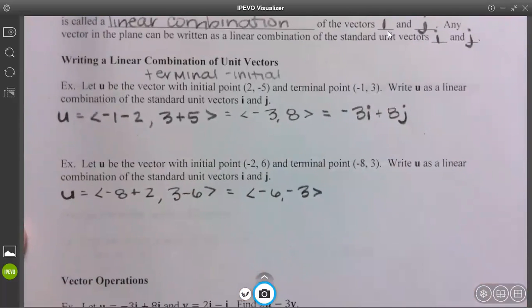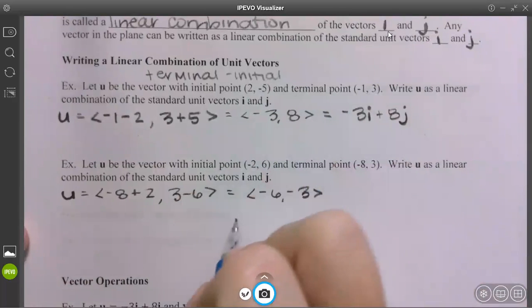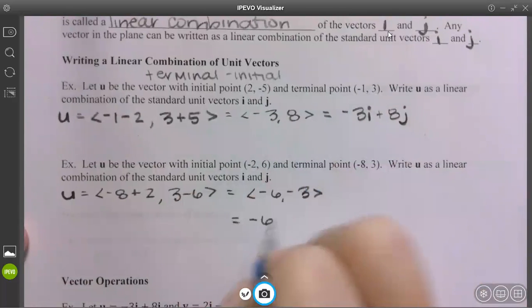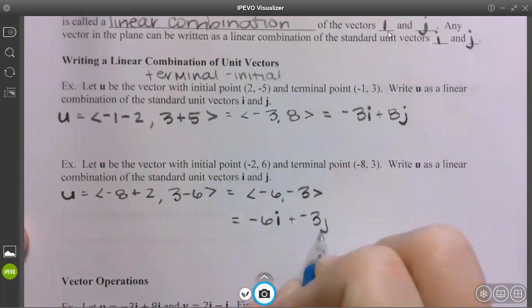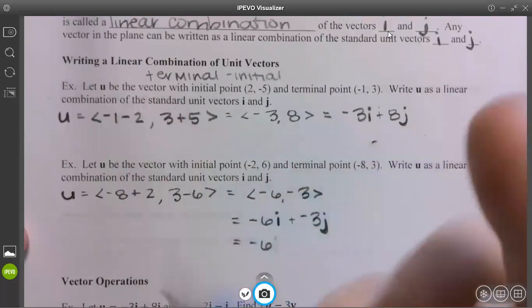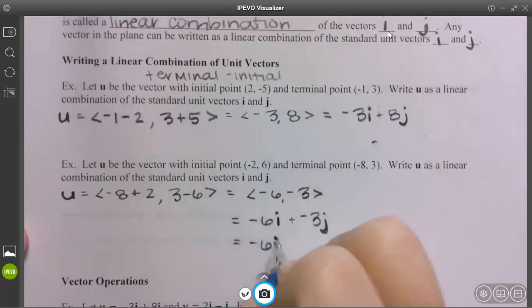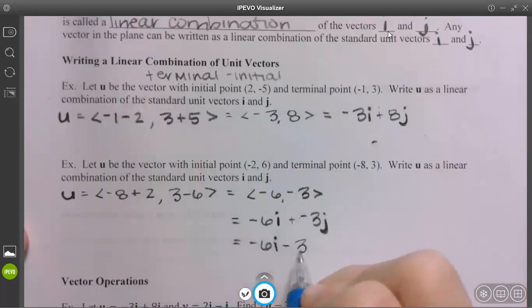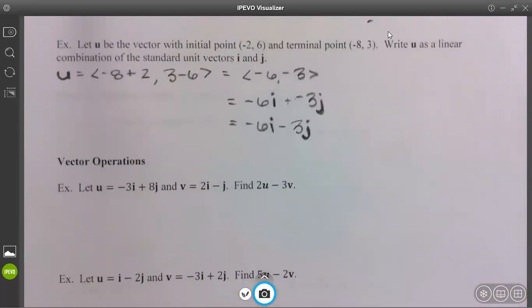And then to write it as a standard unit vector, you're going to have your negative 6 with I plus your negative 3 with J. You can also write it as negative 6I minus 3J. Again, I don't care which way you give it to me. It's up to you what you want to do, whatever you like better.